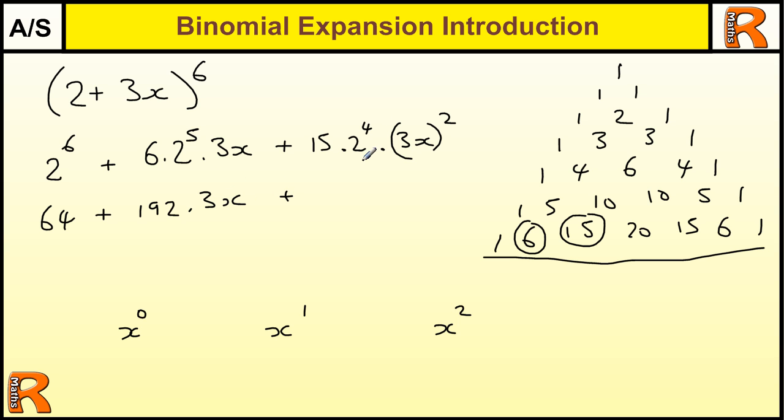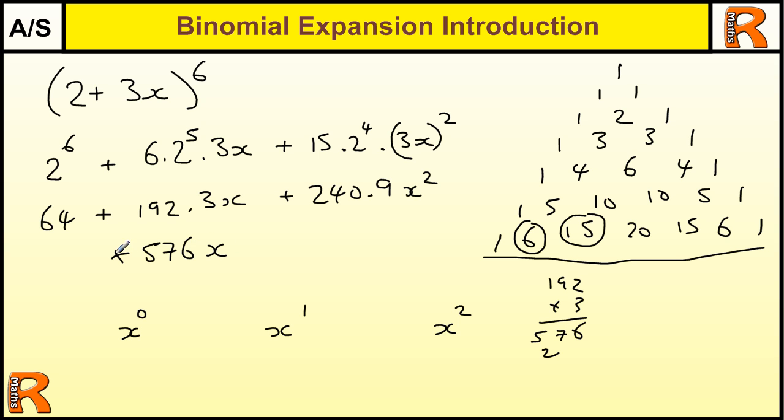And then we've got 2 to the power of 4, which is 16 times by 15, so if I do 2 15s are 30 and do 8 30s, 240 times 3x all squared, so 3 squared is 9 and x squared, so I need to work out these two terms to get the final finish. So 192 times 3, 6, 27, carry 2, 576x. We've got 64 plus 576x, and I've got 240 times 9.